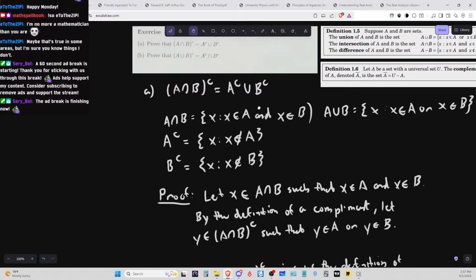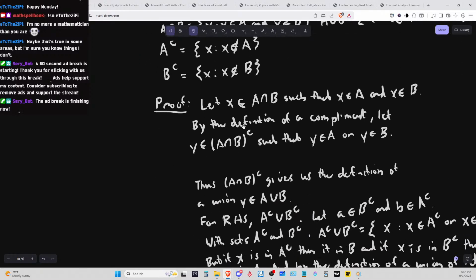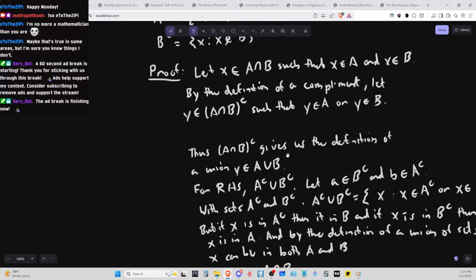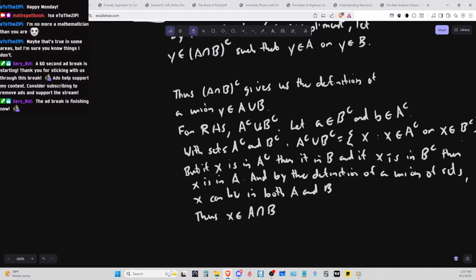So when we did the complement for this side, we basically got the union, and when we did the complement for the union, then we ended up getting the intersection.